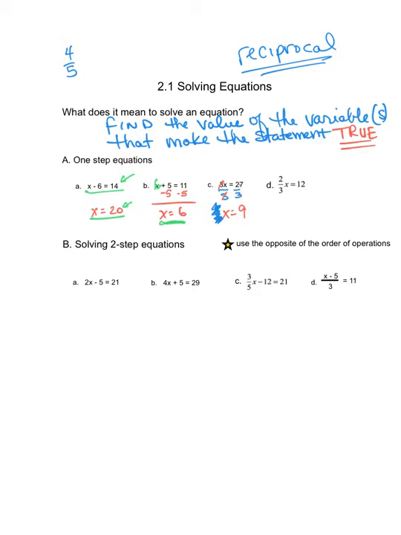Everybody's got to type something in, please. And go ahead and hit enter so I know you were on my same page. Yeah, now it's 5/4. Okay, so now we know what a reciprocal is.